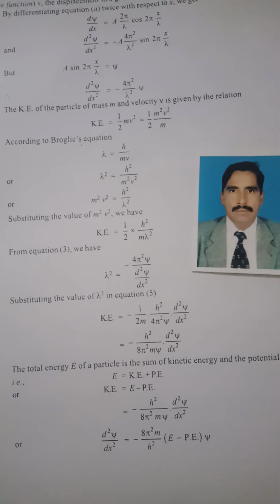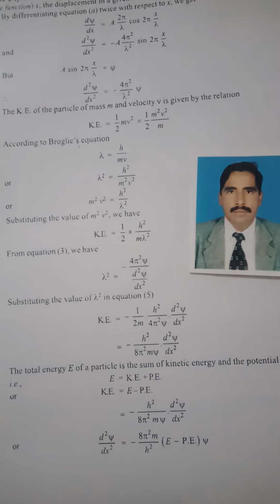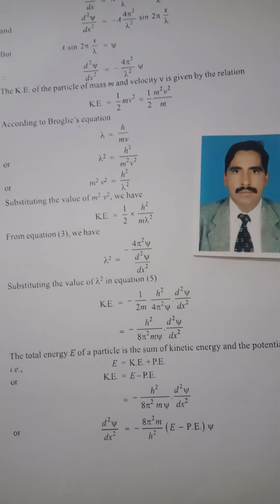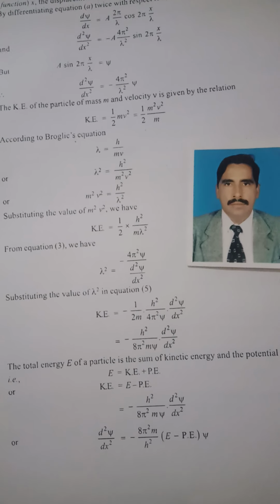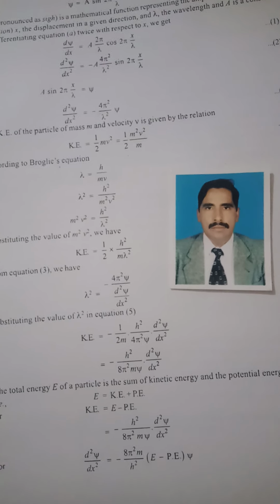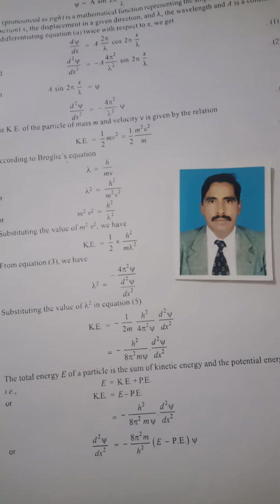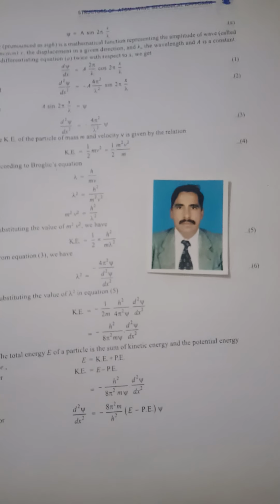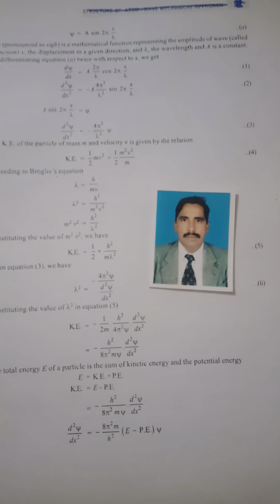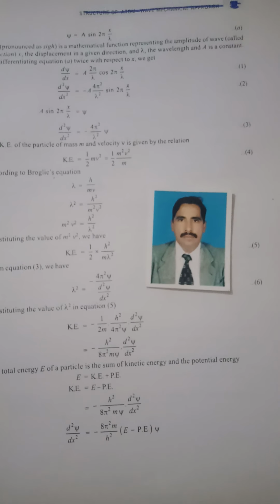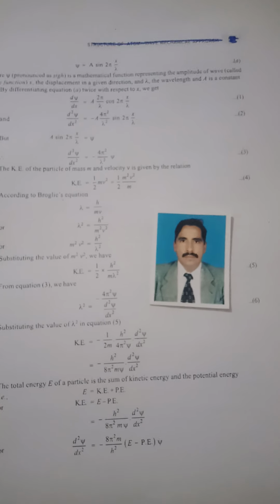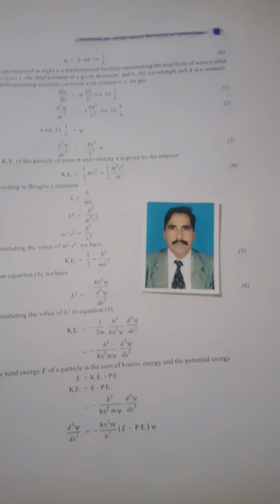We know that total energy is equal to the sum of the kinetic energy and potential energy. Kinetic energy will be equal to total energy minus potential energy. Hence from the above equation, kinetic energy is equal to minus h square over 8 pi square m psi multiplied by d square psi over dx square.